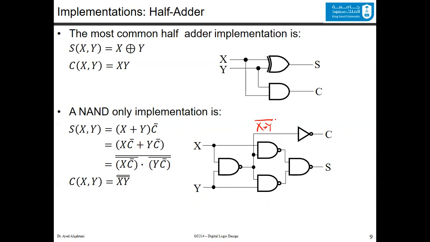So if you take the inversion of this by taking the full bar above X ANDed with Y, the result would be X and Y, which is the carry. So you have the NAND implementation of the XOR, and you add also an inverter to get the carry. Just to remind you what we discussed before, you can find the function of the sum by using X and Y using Boolean algebra like this.